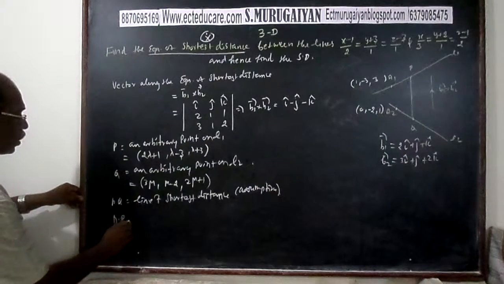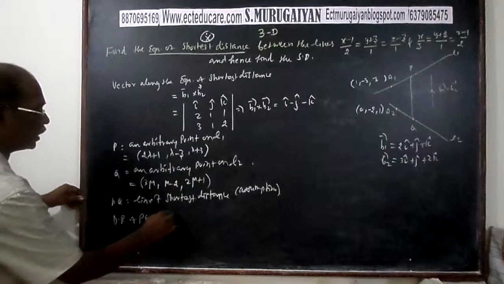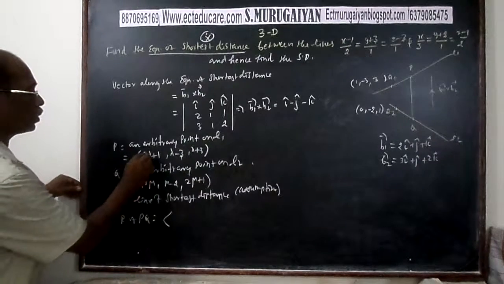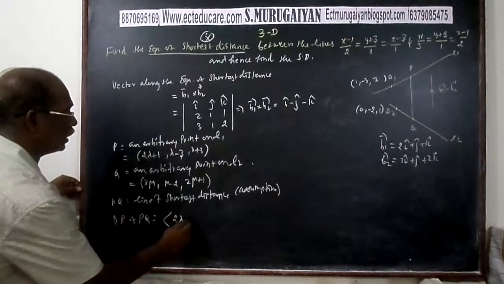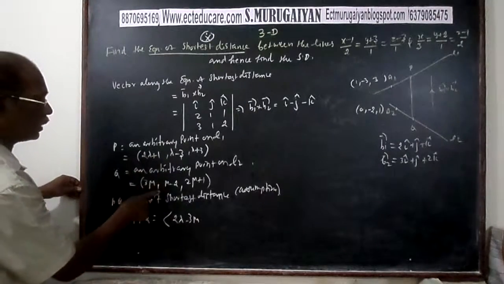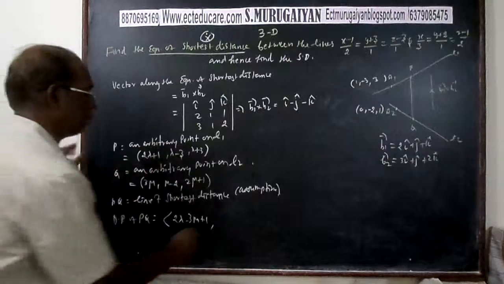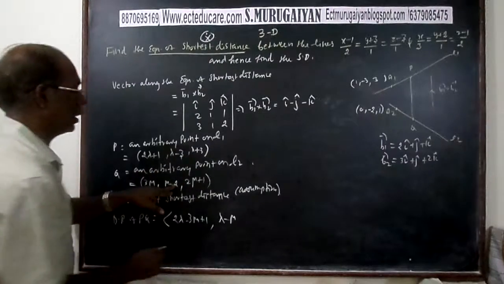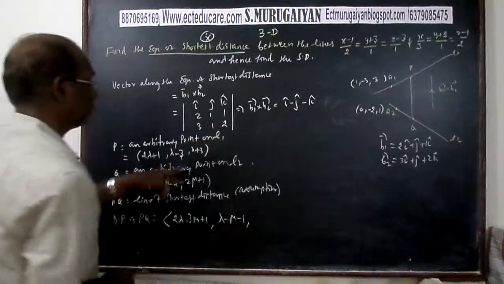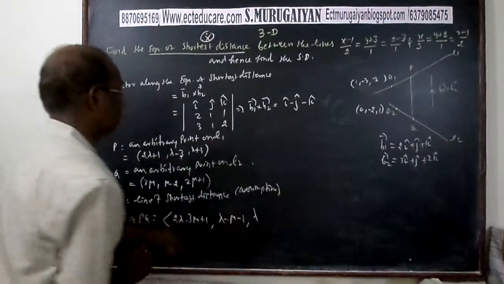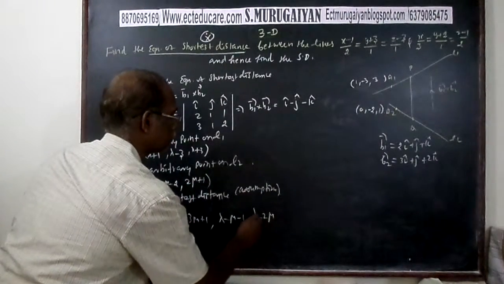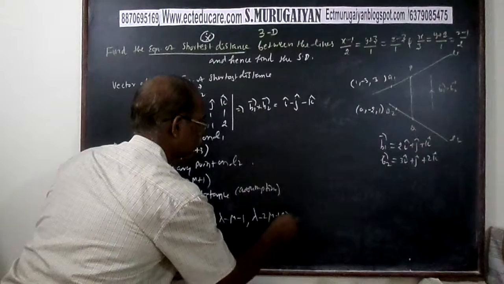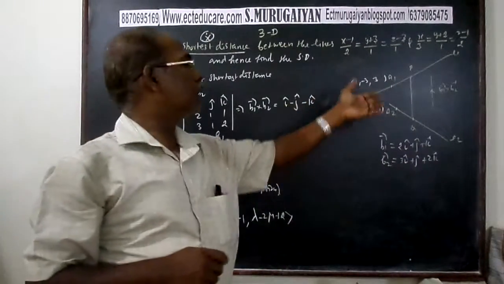The direction ratios of PQ are the differences of the coordinates: 2 lambda minus 3 mu, then lambda minus 3 minus (mu minus 2), which is lambda minus mu minus 1, and lambda plus 3 minus (2 mu plus 1), which is lambda minus 2 mu plus 2. Okay, so this is the direction ratio of PQ.